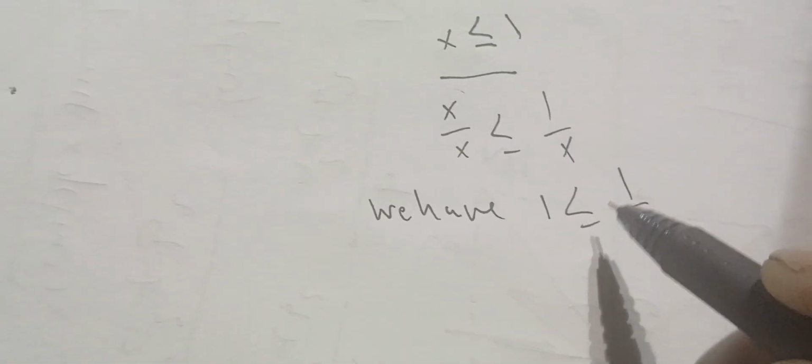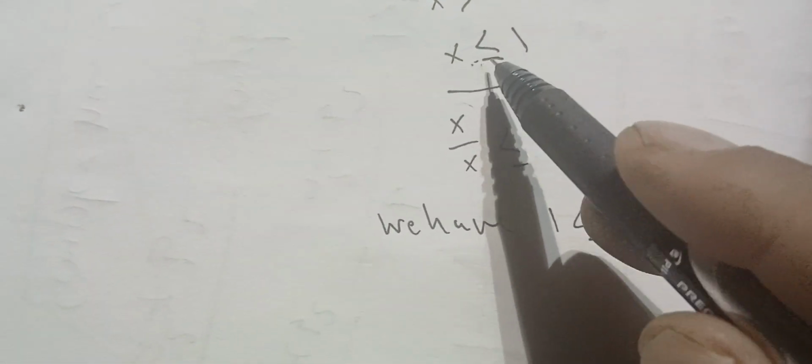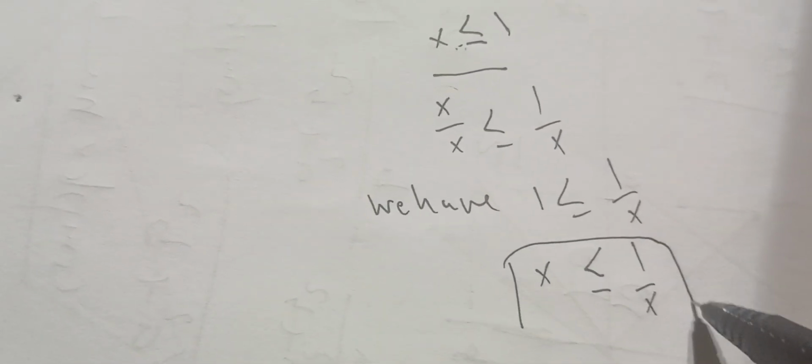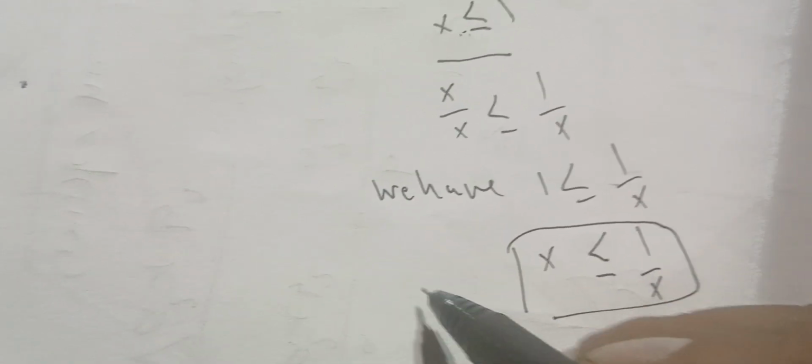This is just 1, so we have 1 less than 1 over x. But we know that x is less than 1. This means that x is less than 1 over x on this interval, (0, 1).